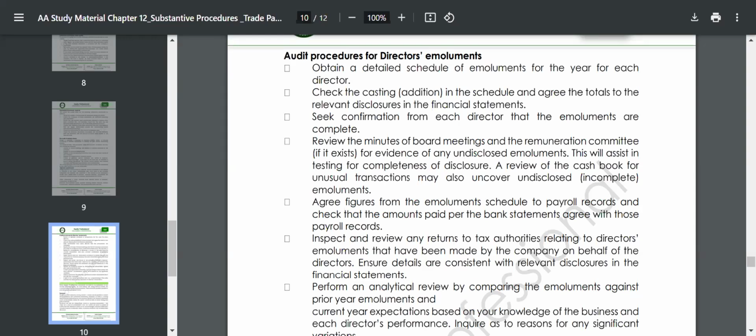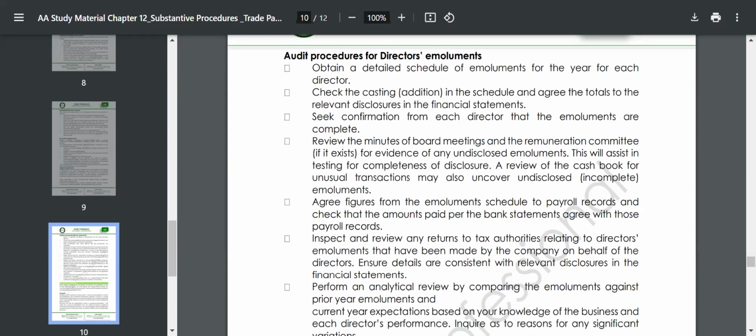But maybe when the person gets in, they find out that the amount is not 5%, and they just increase it summarily. There must be supporting evidence for any payment or remuneration paid to any director, even if the contract of service states otherwise.